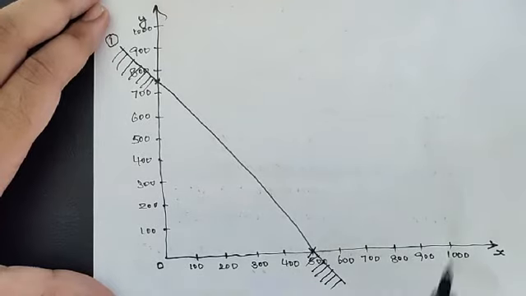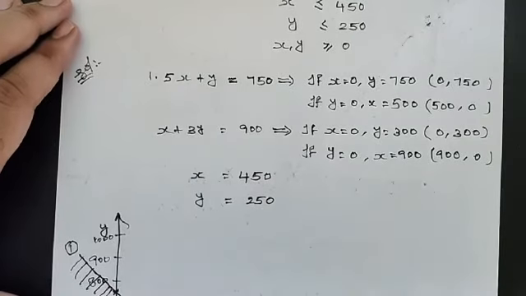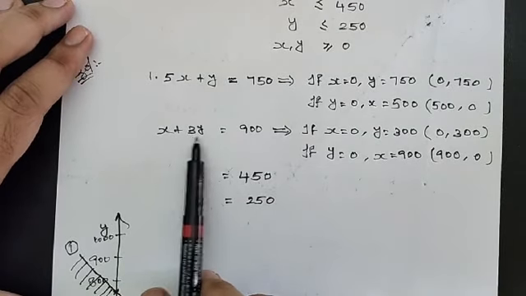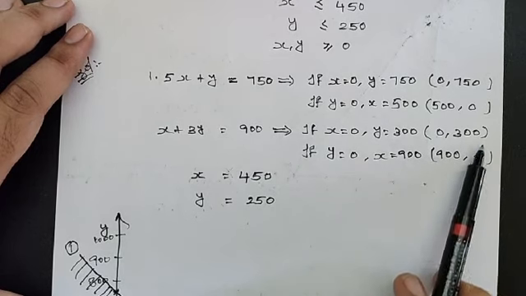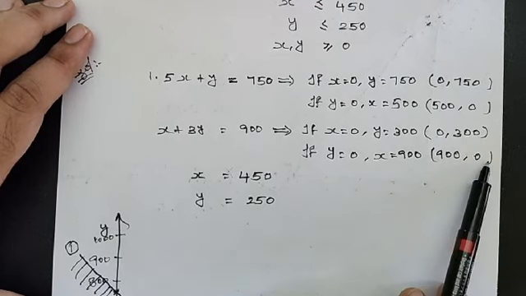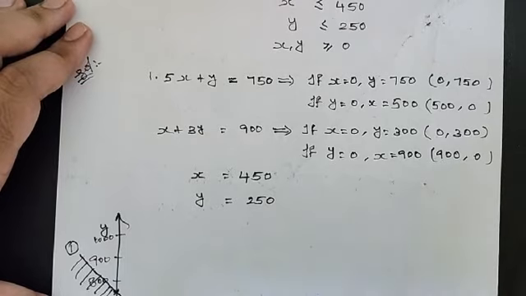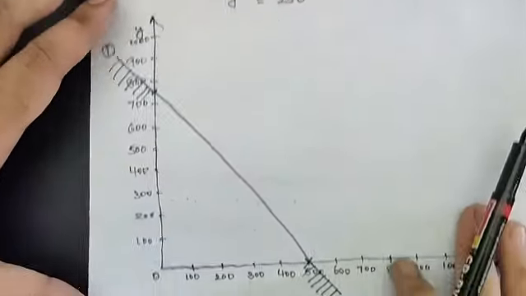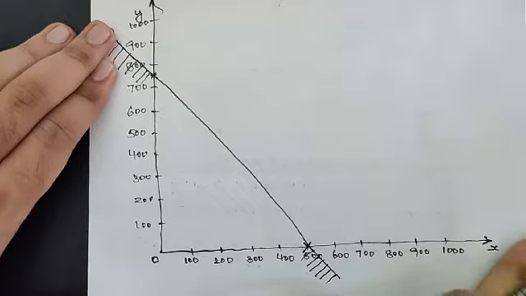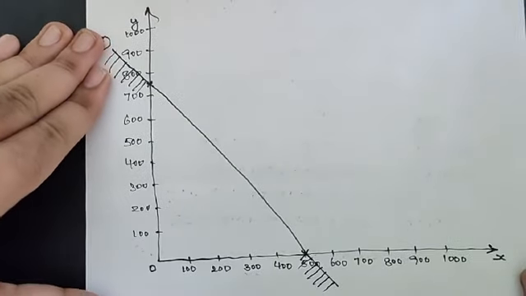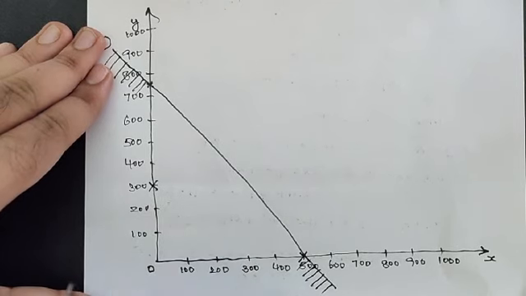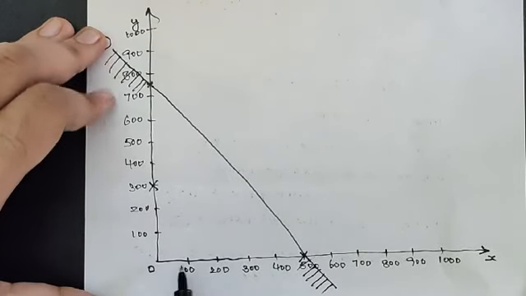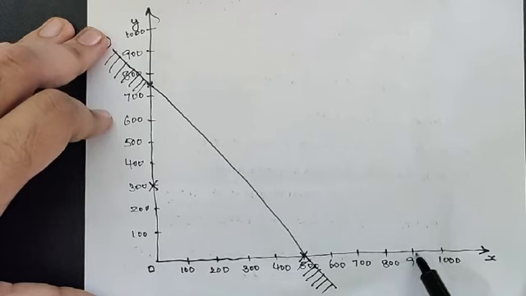Right. Next, let us go for the second one. The second equation is x plus 3y is equal to 900. So the vertices are (0, 300) and (900, 0). So now let us locate those points. First one is (0, 300), so x is 0, y is 300. And the second vertex is (900, 0), so x is 900, y value is 0.